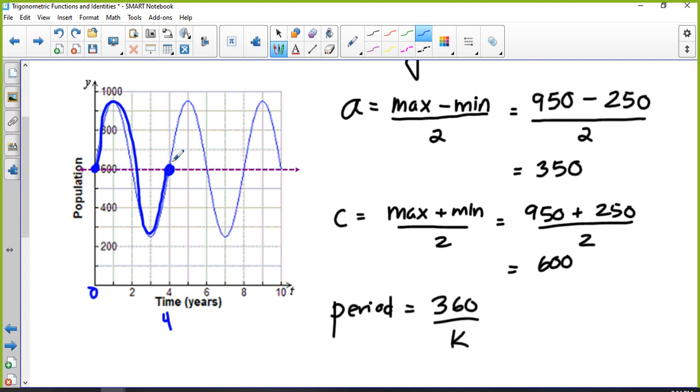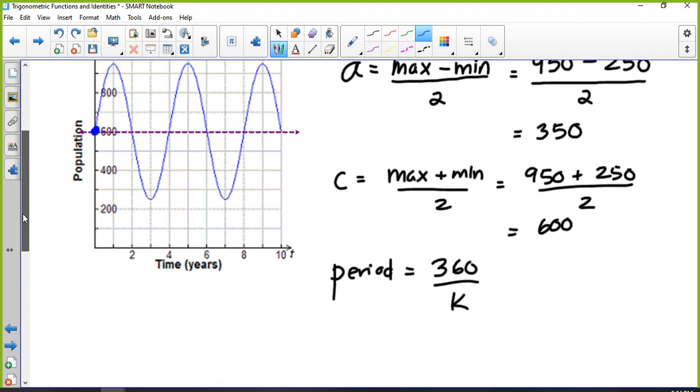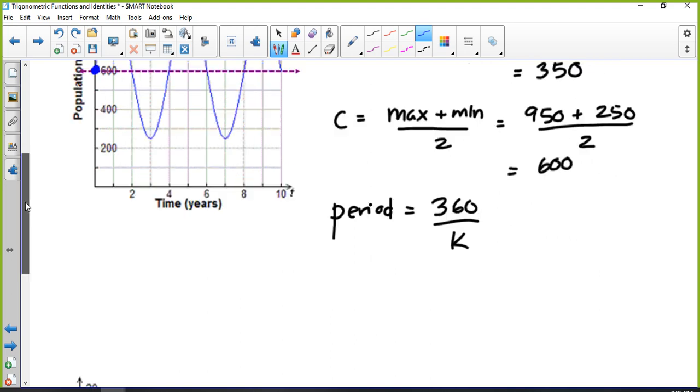After another 4 years, the graph completes another cycle. This graph shows the population level of some group of animals as it pertains to year. The period of this graph is 4 years.